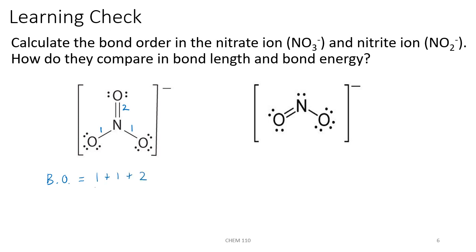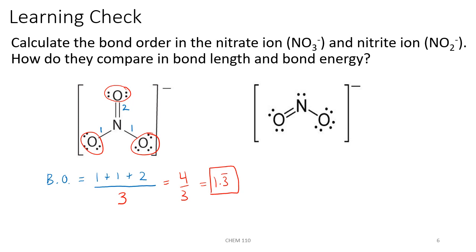That's our total tally of the number of bonds. And how many atoms are those bonds spread out over? So we have 1 atom, 2 atoms, 3 atoms, because we have 3 oxygens that those bonds are spread out amongst. So we would divide by 3. Therefore, our bond order for NO3- is going to be 4/3, which is about 1.3 repeating.